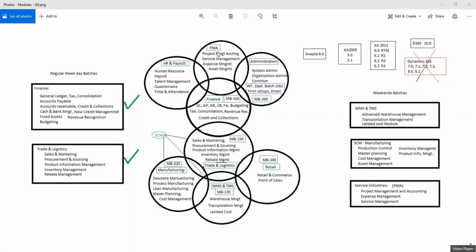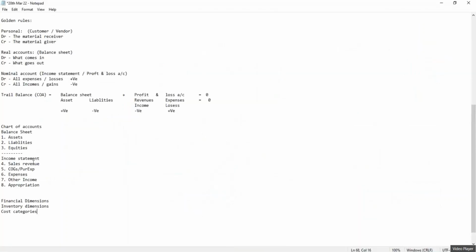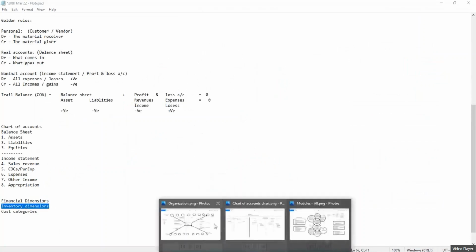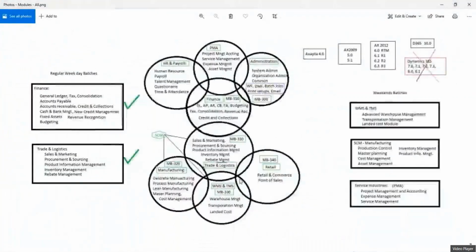I mean to say, while doing the transaction itself, it will be calculated. And this one and this one, both are SCM. Majorly this one is advanced warehouse management, it is a different function. So in this, inventory dimensions will be covered. With this, automatically the expenses, whenever they are incurred, will be posted to inventory. Okay, fine.